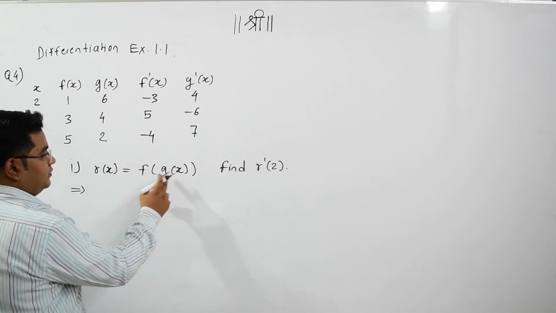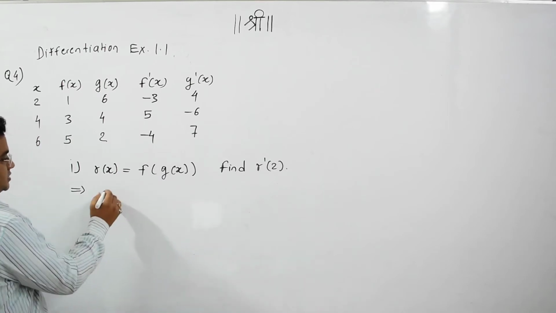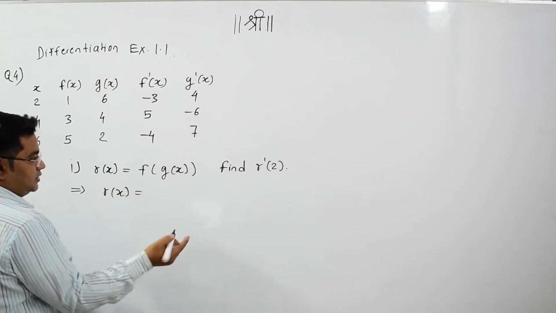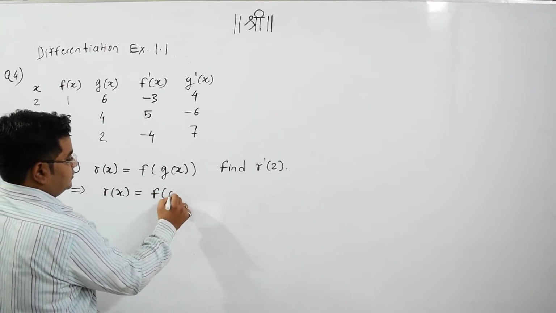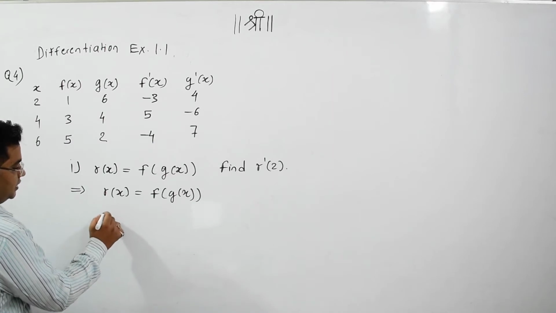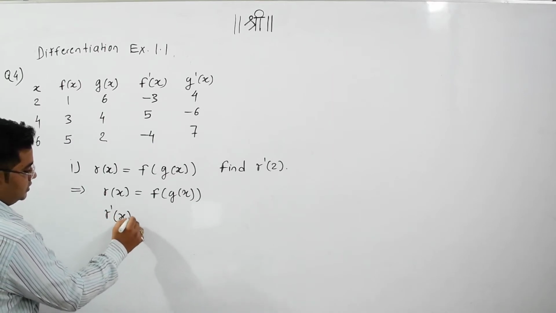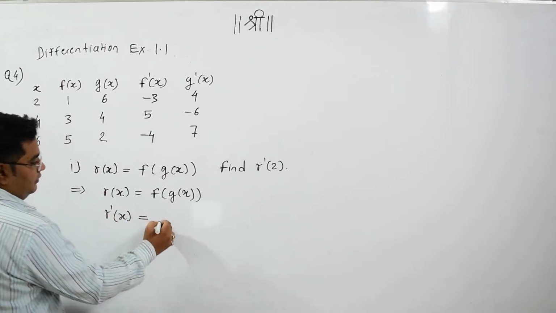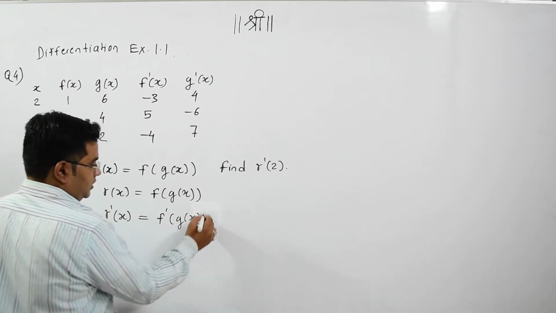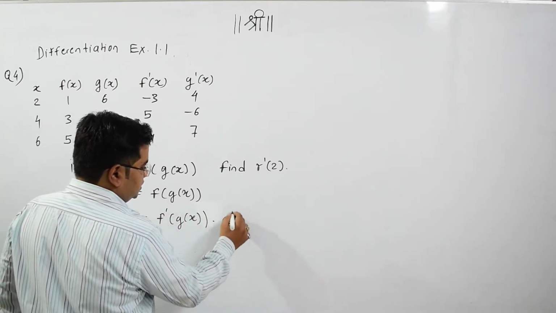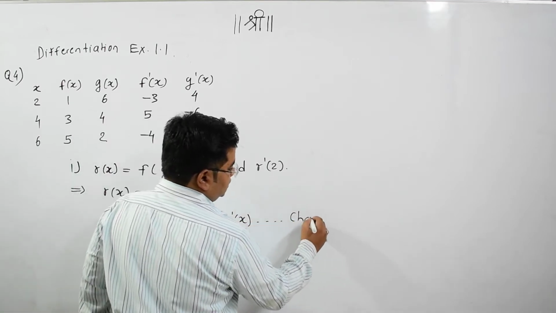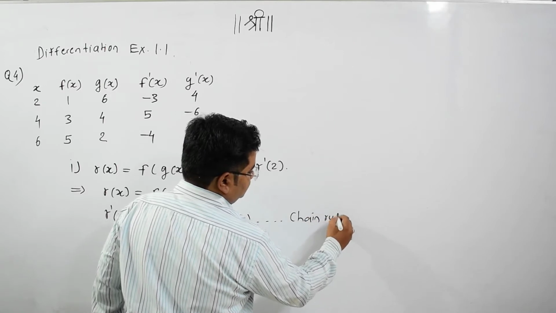It is nothing but f of g of x. Now let r of x is equal to f of g of x. Differentiating both sides, r dash is equal to f dash of g of x into g dash of x, by which rule? By chain rule.